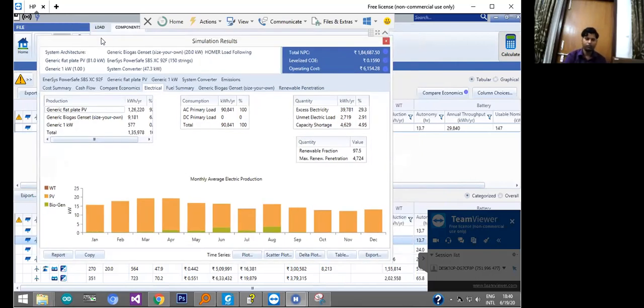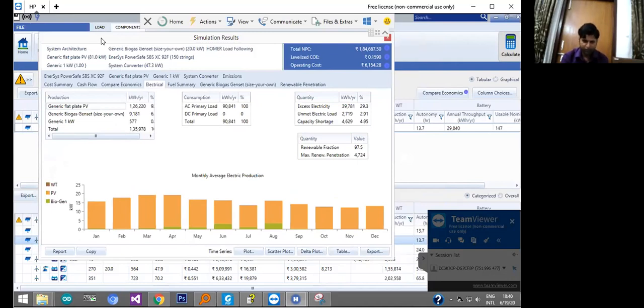If you want to do any study for your building, how much the requirement will be, which renewable energy system can fulfill your load demand, and how much the price will be, you can explore this. If you face any difficulties, you can reach out to me, I can help you with this.